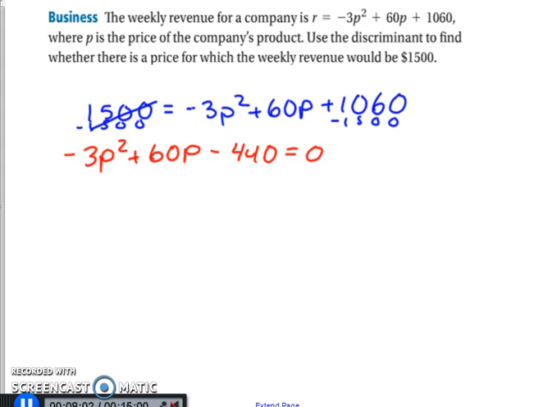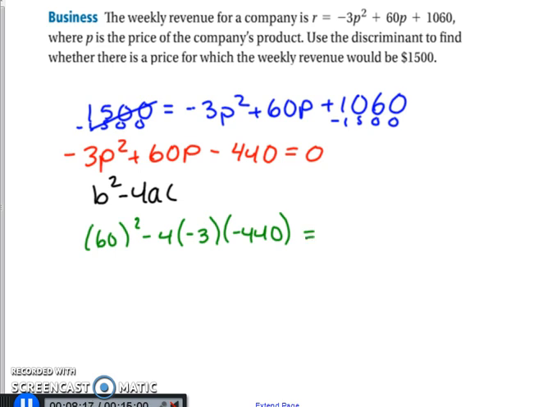From here, I'm going to find my discriminant. So b squared minus 4ac. So we're going to plug in 60 squared minus 4 times negative 3 times negative 440. And if we plug this into the calculator, we'll end up with negative 1680.